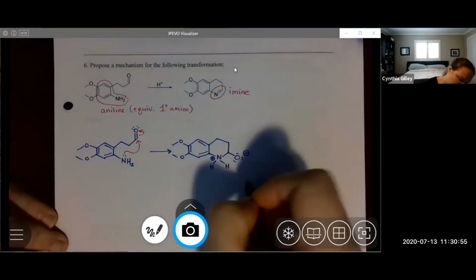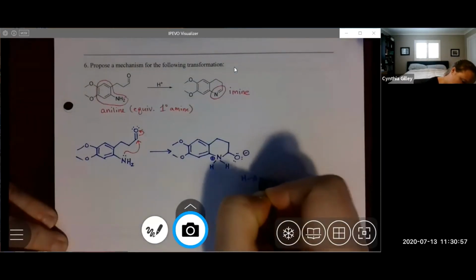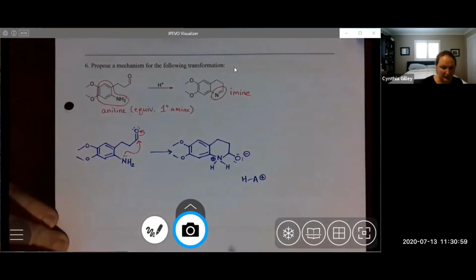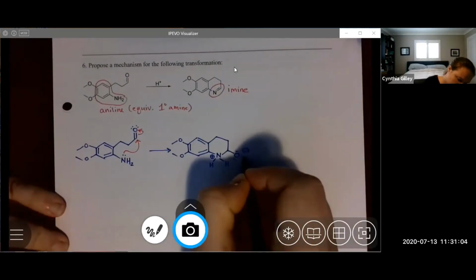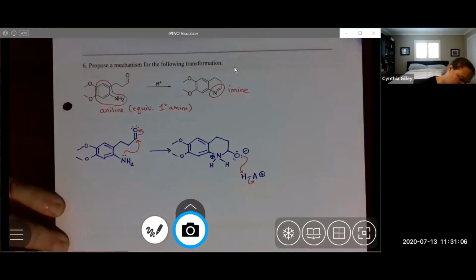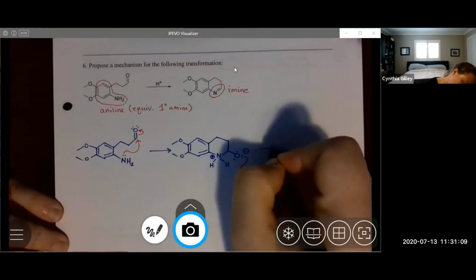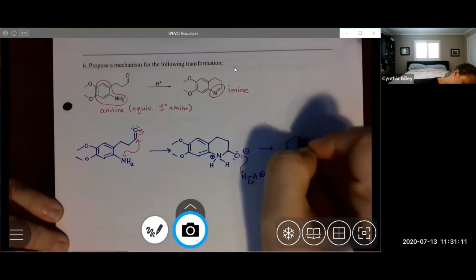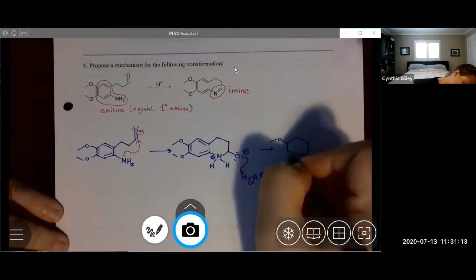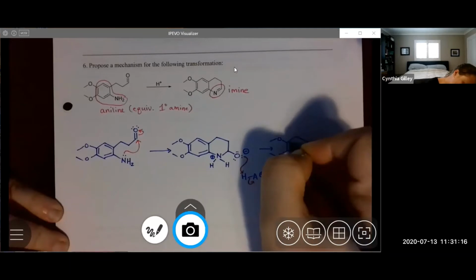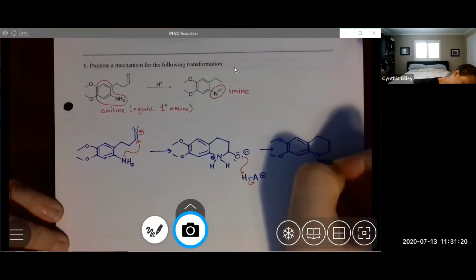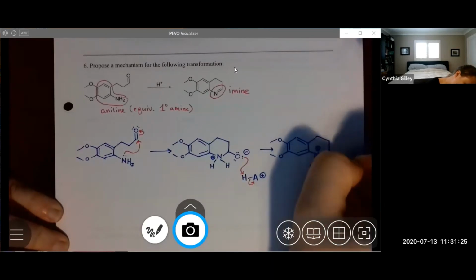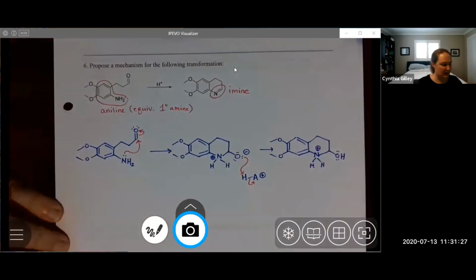Then we'll start introducing our generic acid for the immediate proton transfer of the basic oxygen. Now we're going to do our proton shuffle.